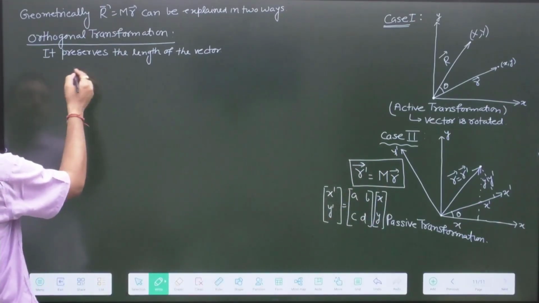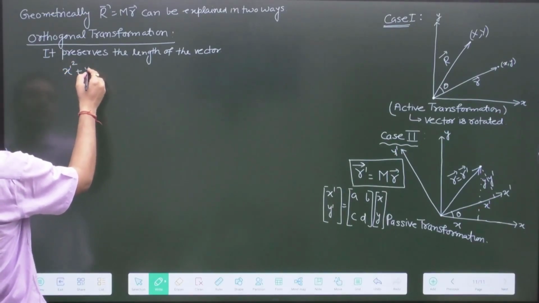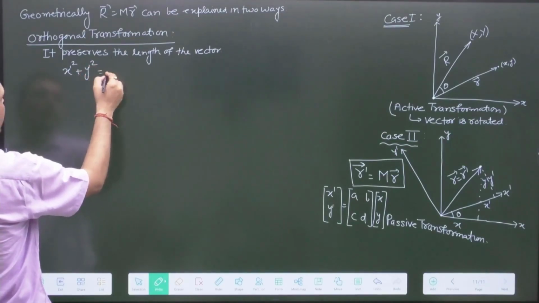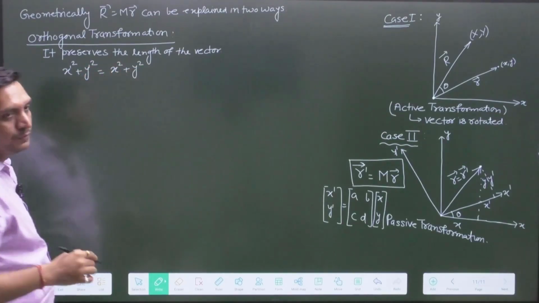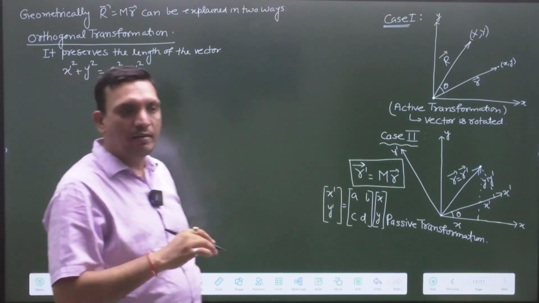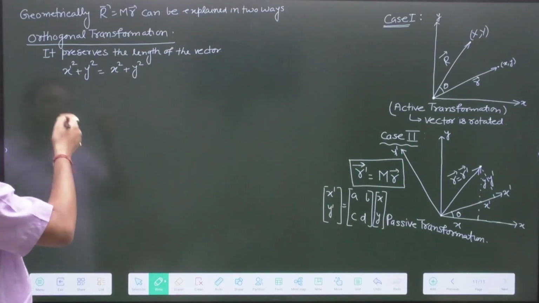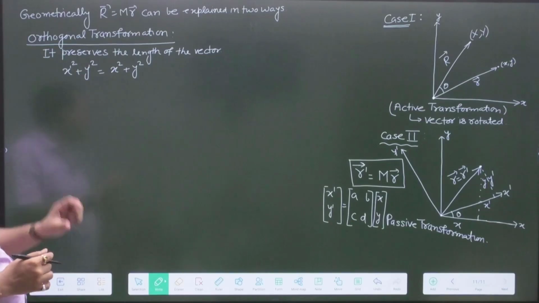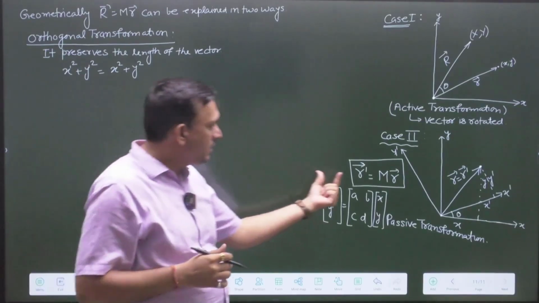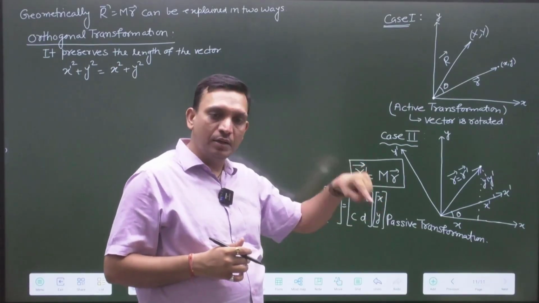So what condition will you get? You will get X dash square plus Y dash square equals X square plus Y square. So we have to see what the matrix M will be. Under this condition, M is an orthogonal matrix. When M is an orthogonal matrix, this transformation is called an orthogonal transformation, and it preserves the length of the vector.